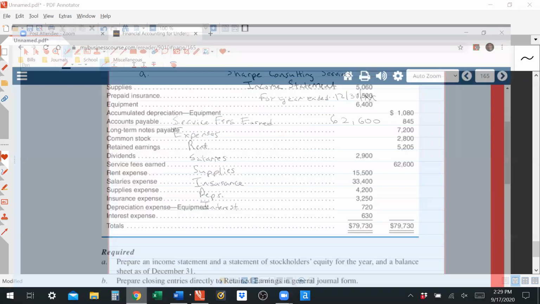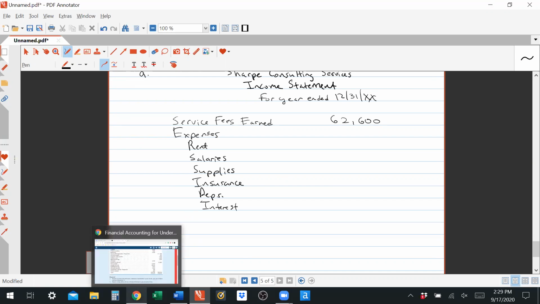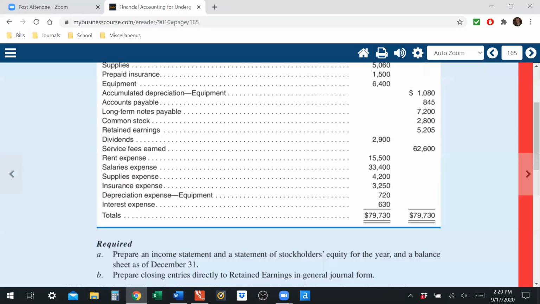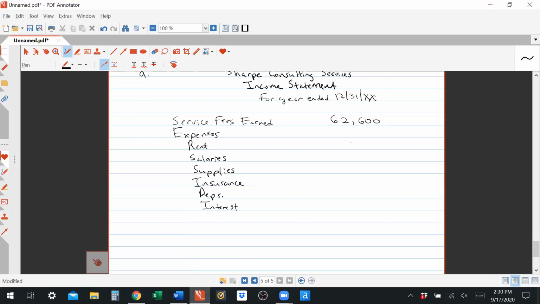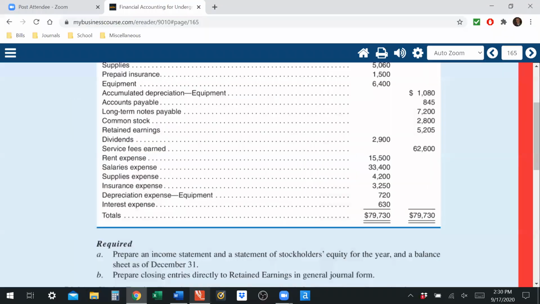I mean, technically, I should put the word expense after all these, but to save on time, I'm not going to do that. So the rent was what? $15,500, $33,400, $4,200, 3,250, 720, and 630.